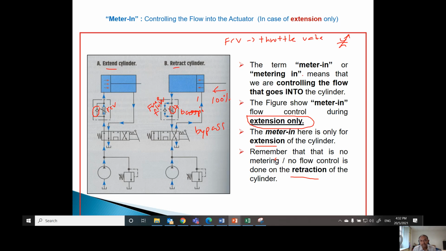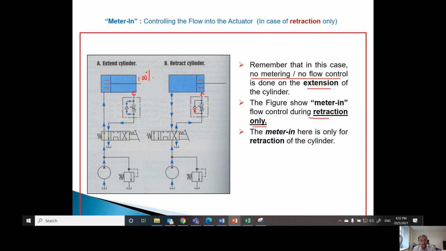Let's go back to the basic definition of meter in. It means we are controlling the flow that goes into the cylinder. For this one, during extension, we control the flow going into the cylinder. So that's why this is meter in, but only for extension. But this one is also meter in, but during retraction.